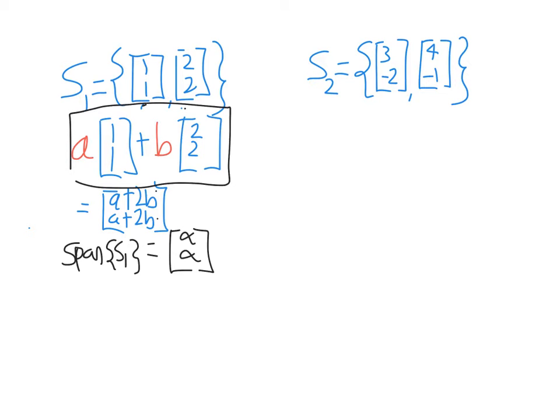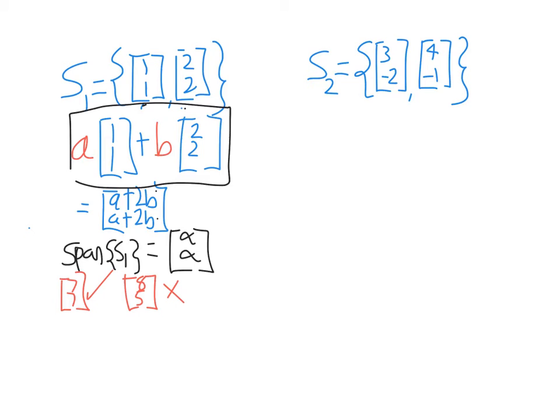So what this means is I can't write any vector in R2 as a linear combination of these two vectors. The only vectors that will be in the span are ones where both entries are equal. For example, (7, 7) would be in the span of S1, but something like (8, 5) would not.